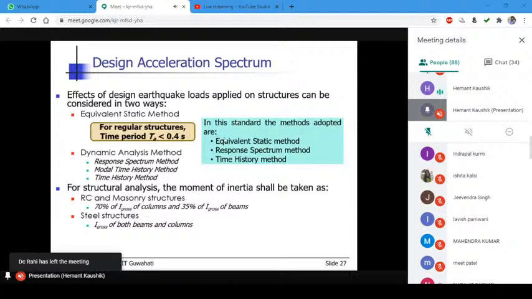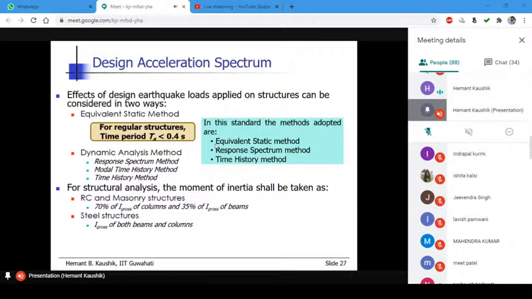So we discussed when we use it, but then we have not discussed what the changes are. I think in one of the answers to the questions asked by one participant yesterday, I explained that if it is a very simple structure, you can analyze that structure manually, in the sense that you know the seismic weight of the structure, you know the importance factor, what the R value is, what Z is, everything you know.